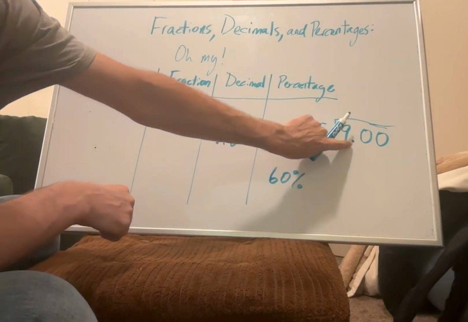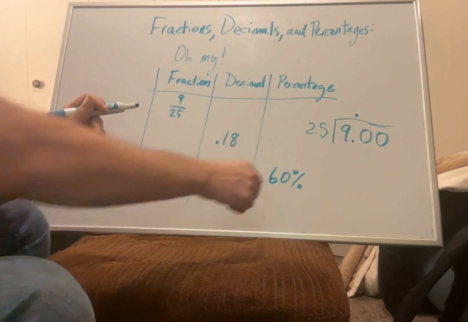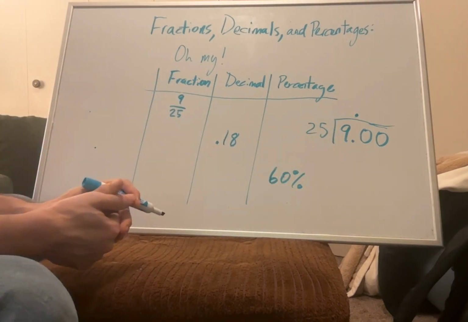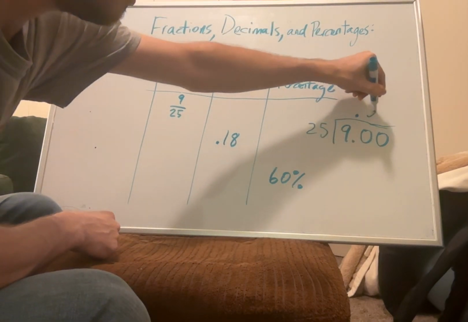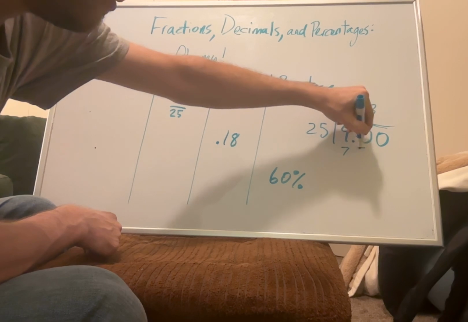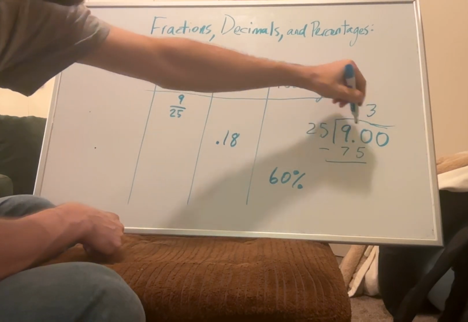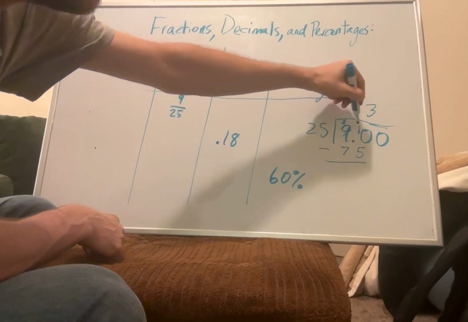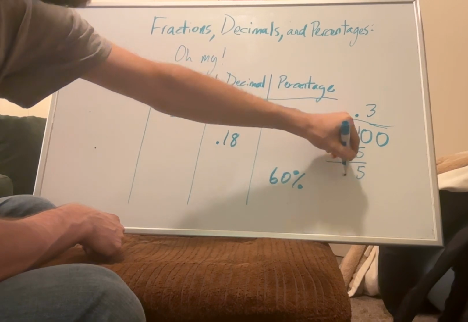So remember, the decimal will be going straight up here. How many times does 25 go into 90? Well, 25 is going to go into 90 3 times. So 3 times 25 will be 75. We'll go ahead and subtract, right? 90 minus 75, we'll borrow from here. 10 minus 5 is 5. 8 minus 7 is 1.